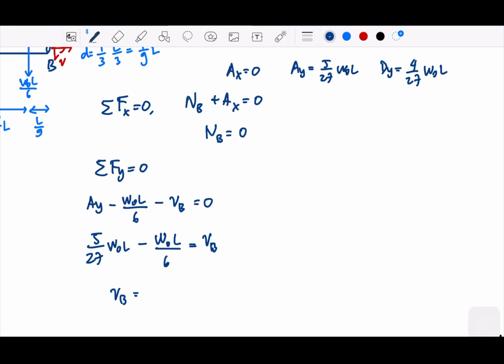Okay, let's do some calculation. So 6 multiplied with 27. This will be 30 minus 27, or 3 over 52.